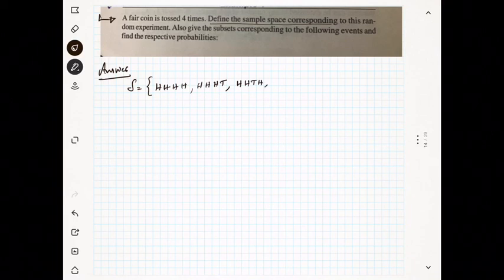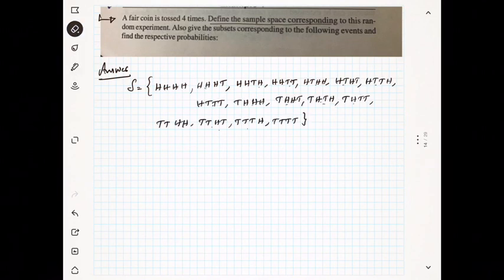So head, tail, head, then head, tail, head, and so on. So these are all the possible outcomes. Now the first part is over.